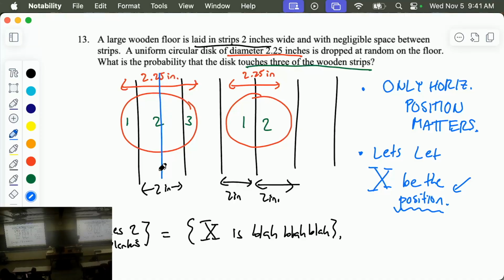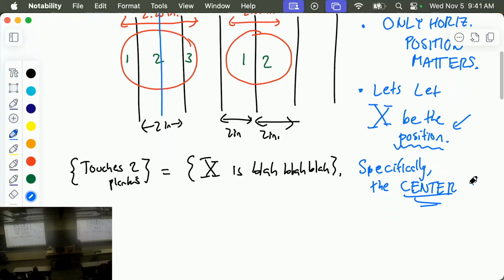This is the first thing you got to do to specify, because we're talking about a circle here. So you're talking about the left, the right, or the middle. So let's be specific: the center of the disk. And then the next thing you said was to where?